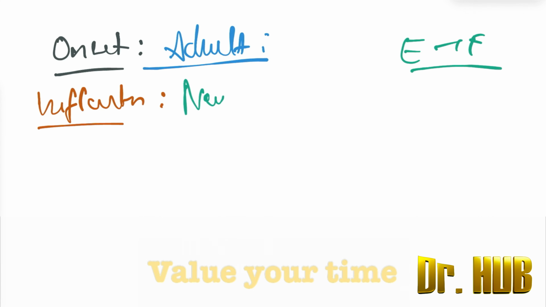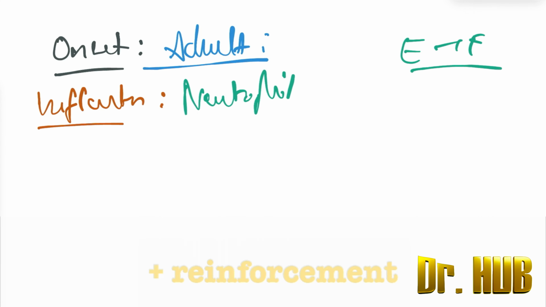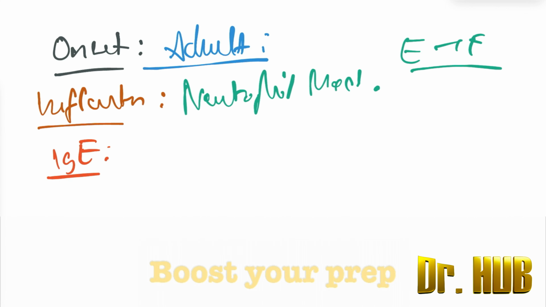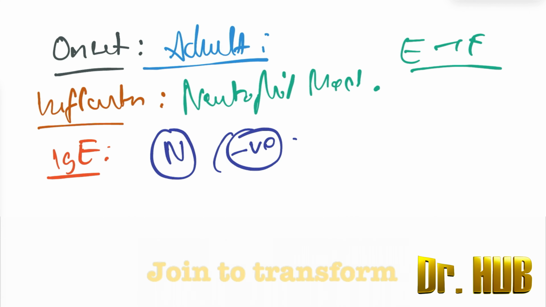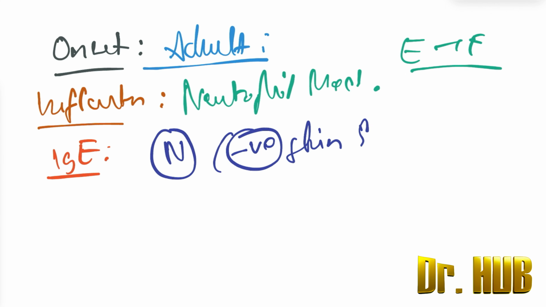Next we will move on to the IgE levels. Comment on the IgE levels. The IgE levels are normal, whereas in case of extrinsic it was increased. Here it is normal and there is a negative skin prick test. Next, we'll move on to the most common triggers.